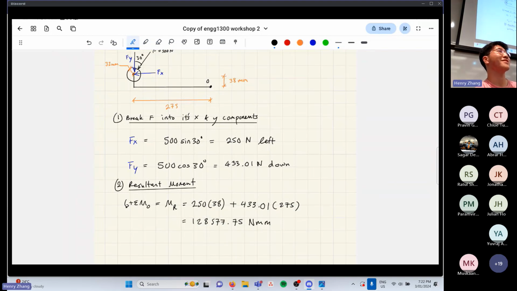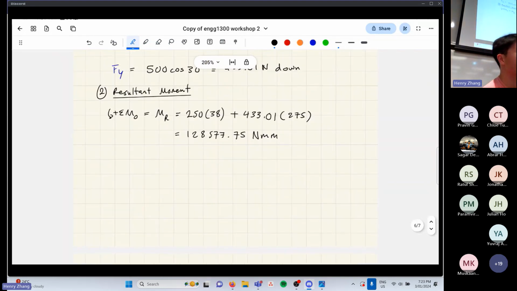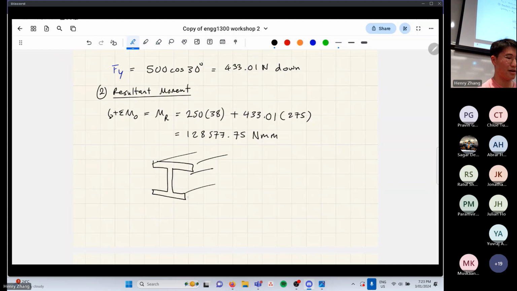Is anyone a civil engineer? Maybe chuck your hand up. Are you doing 2400 mechanics of solids next time? Yeah. So when you do mechanics of solids in the next course, you're going to be analyzing the cross section of a beam, and these dimensions are more advantageous to keep in millimeters.